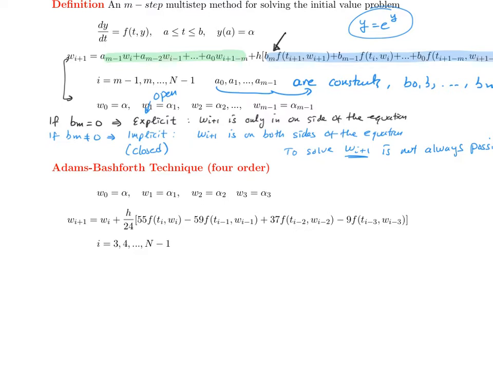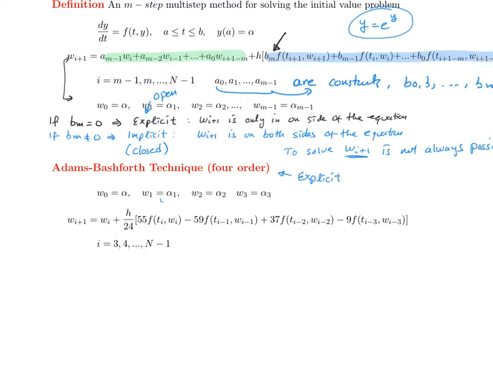Again, Adams-Bashforth is going to be pretty much always explicit, which means that on the right side you don't have any w_{i+1}. This one is of order 4. Notice how you need to have 4, technically you can call it initial conditions, which will pose a problem, because usually when a problem is given in this form, you technically only have this condition right here.